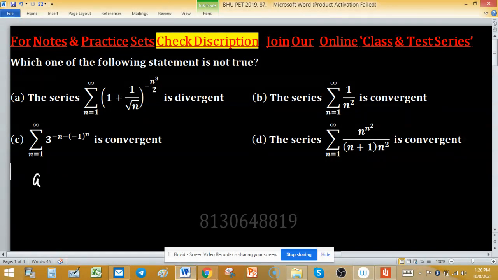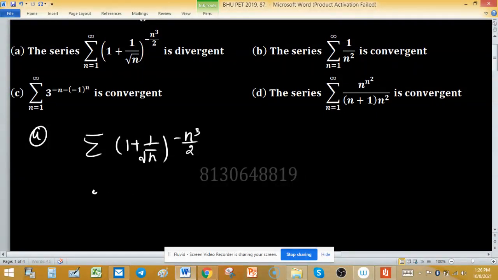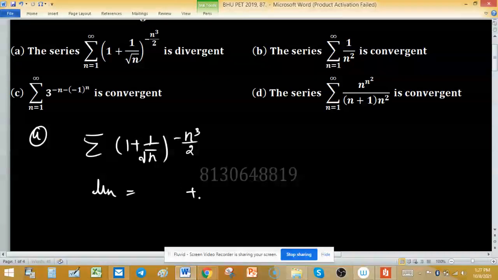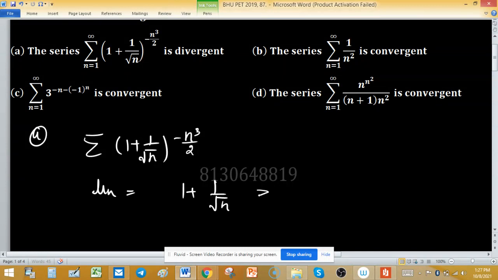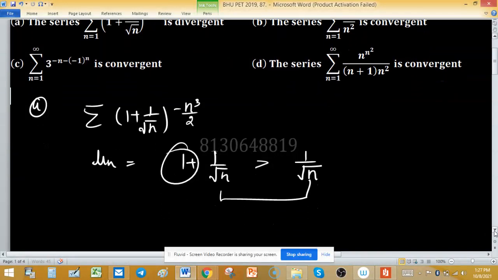For the first statement, in option A, the series is (1 plus 1 upon root n) raised to the power minus n cube by 2. To check its convergence, let un be 1 plus 1 upon root n, and obviously this one is greater than 1 upon root n, because the two are the same and one is added on the left hand side, so this will make it greater.